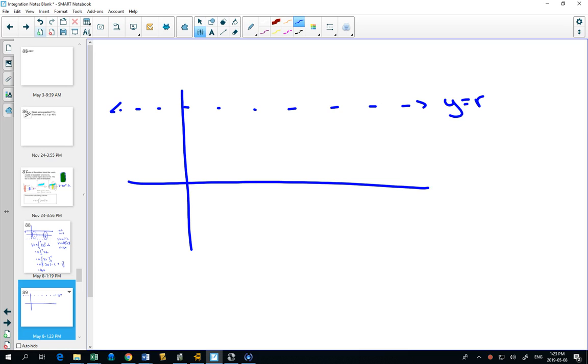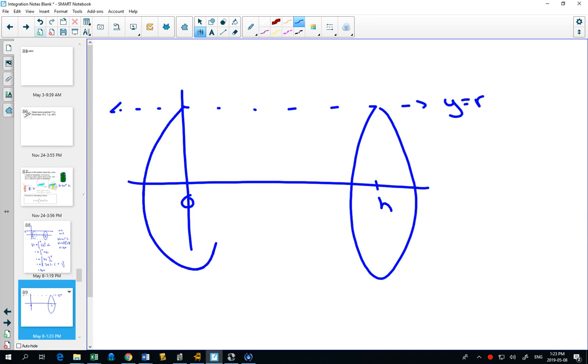Some radius that I'm not telling you what it is, it's just r. Could be 2, could be 5, could be anything. And instead of going from 1 to 5, I'm going to start at 0 and go up to some height h. If I rotate this line, oh, this side should be dotted. Here we go.